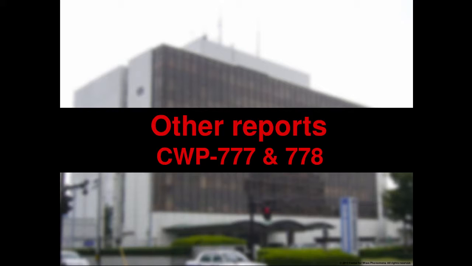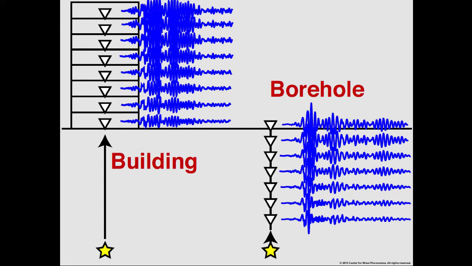In this study, we use seismic interferometry to monitor wave velocities, normal mode frequencies, and attenuation of a building. The idea of this study comes from the similarity of the data observed inside the borehole and inside the building.